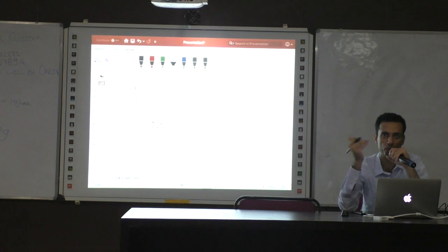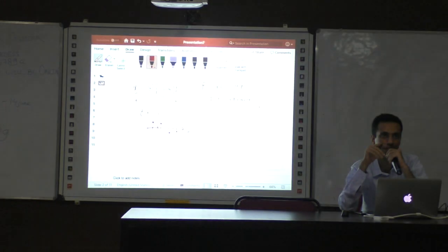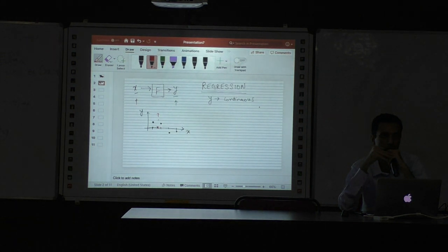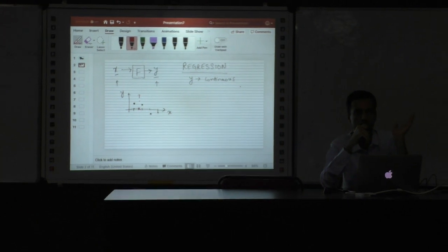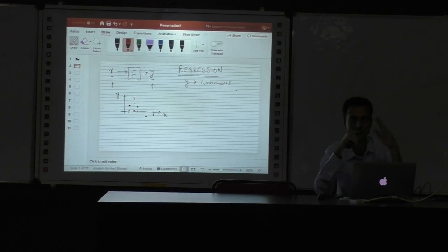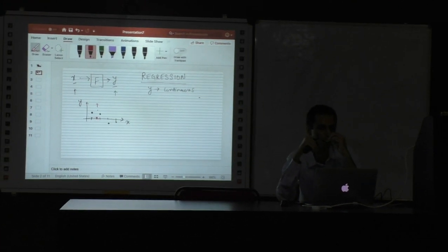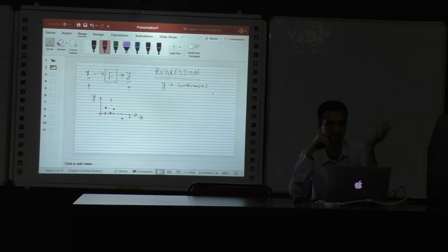A very common problem, like let's say I tell you at morning 10 a.m. the sun is at this angle, then afternoon 3 p.m. sun is at this angle, evening 7 p.m. sun is at this angle. Now what will be the position of sun at 1 p.m.? Right?